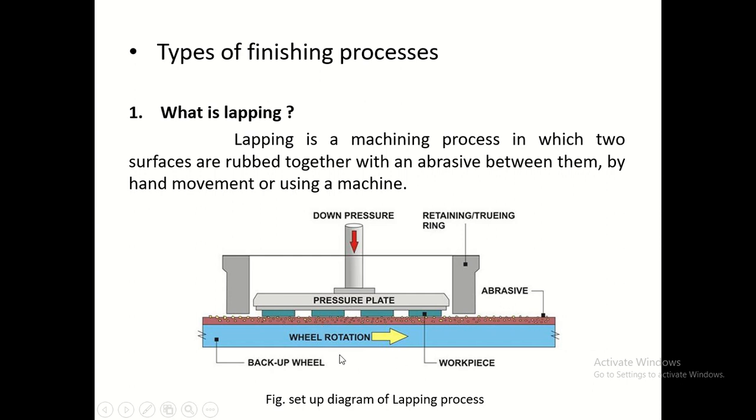When this plate keeps rotating and our workpiece gets in contact with the abrasive, a fine amount of material gets removed from the workpiece. Then some amount of surface finish is obtained. This pressure plate is used to press the workpiece against the abrasive to obtain some amount of finishing over the workpiece. This is the basic simple lapping process.